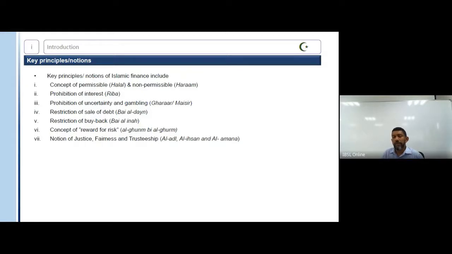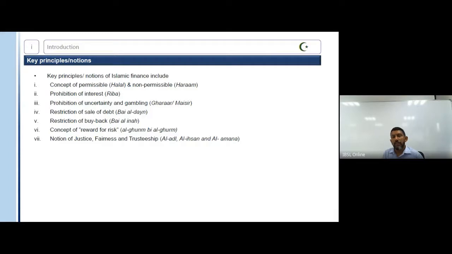Of course, these are based on values in Islam as such. This cannot be changed too much from entity to entity. The applications are decided by, like I said earlier, the Sharia councils.